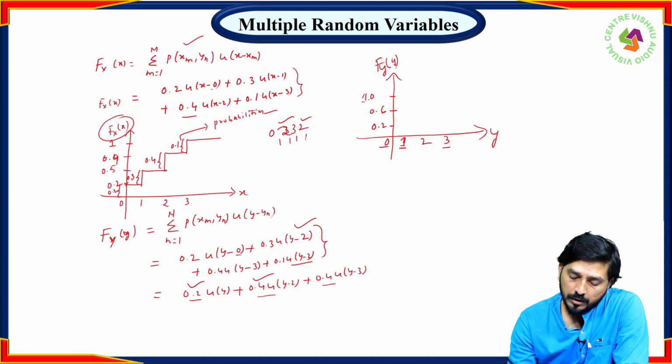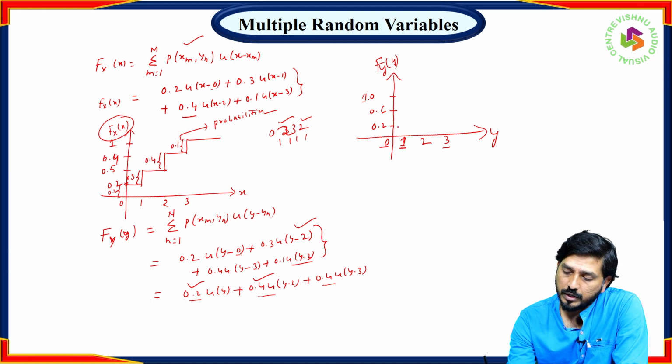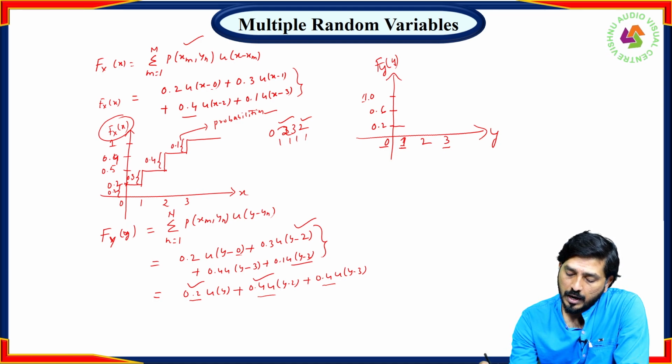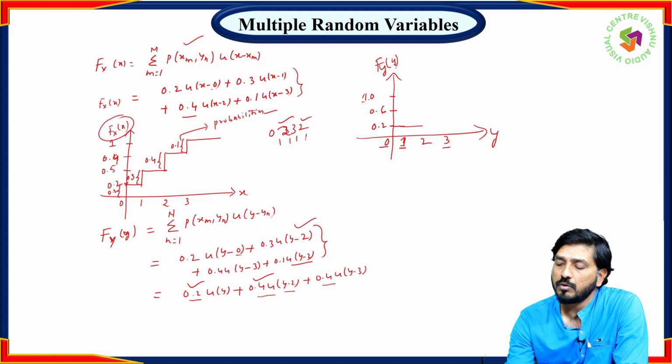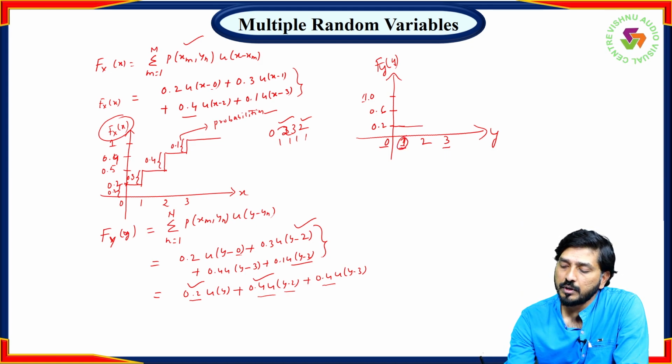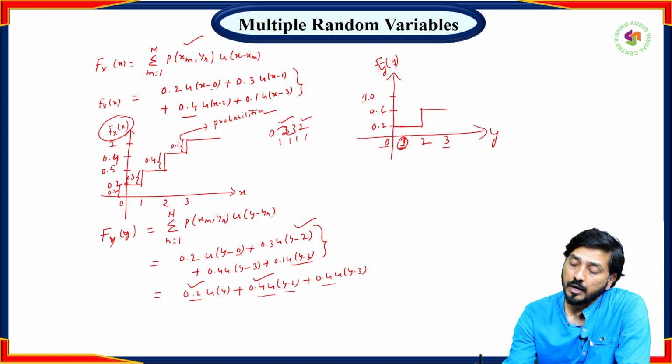Now at y equal to 0, the distribution function is 0.2, and it will be continued up to y equal to 2, as we don't have this one, and it will be distributed up to 2. At 2, the value is 0.6, and it is distributed up to y equal to 3, and at 3 the maximum value is 1.